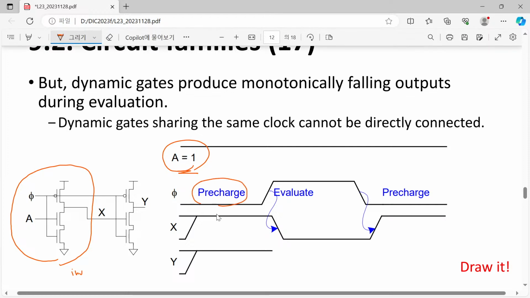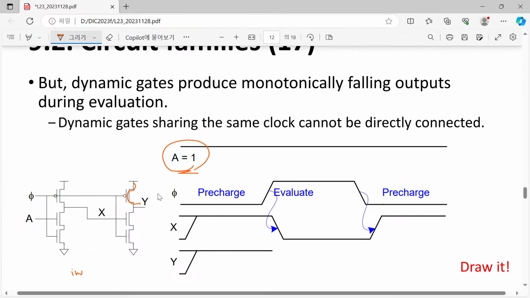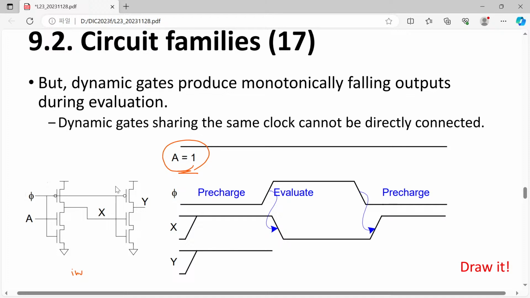Now think about this one. In the pre-charge phase, your x value and y value are given by your clock signal. Your clock signal 0 just fills your x and your y, so they are all 1. In the evaluation phase, your P MOSFET doesn't play any role.